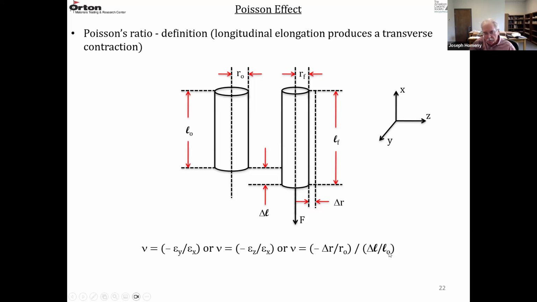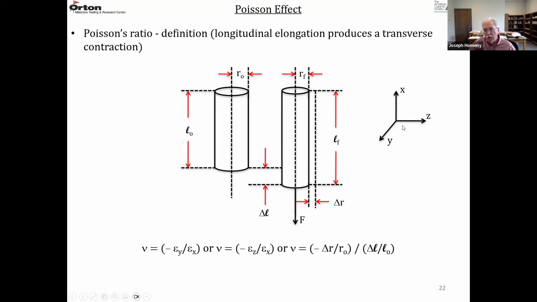equals, we'll start with this part, minus delta R over R0 divided by delta L over L0. So delta R over R0 is the transverse strain, and delta L over L0 is the longitudinal strain.